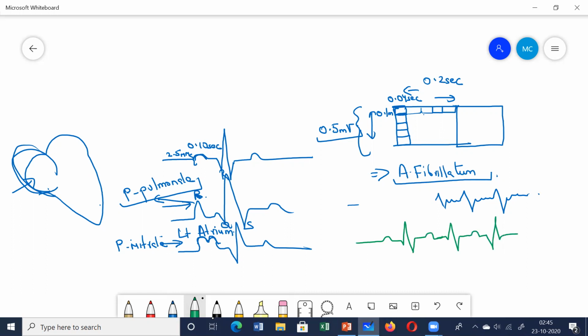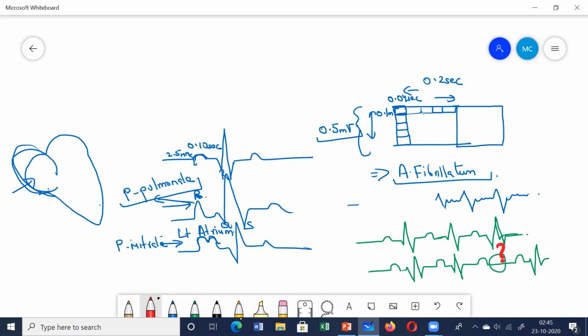Can there be a situation where there is a P wave, but it is not followed by a QRS complex? Suppose this is a P wave and there is only a P wave, no QRS complex. Again there is a P wave, and in between there is a gap. There is no QRS complex here. Can this situation arise? Yes.